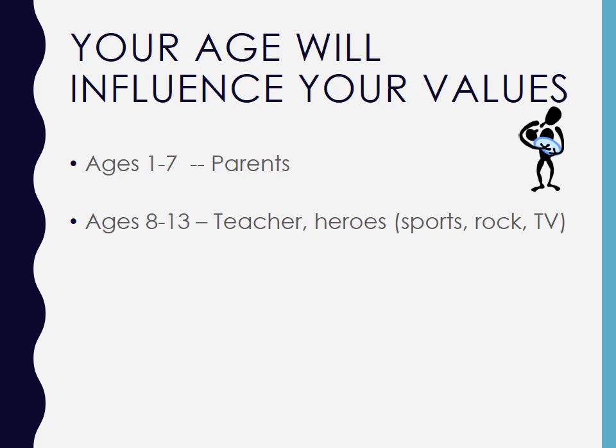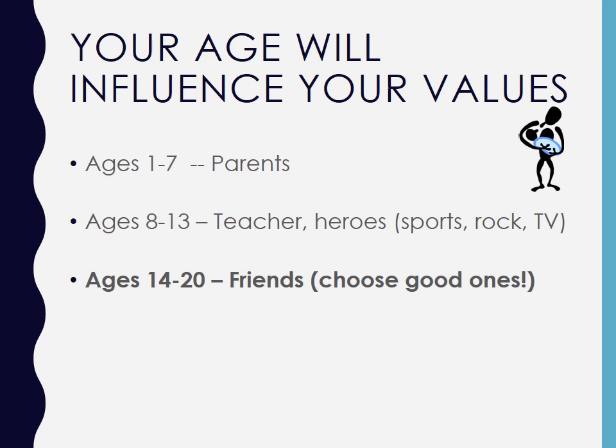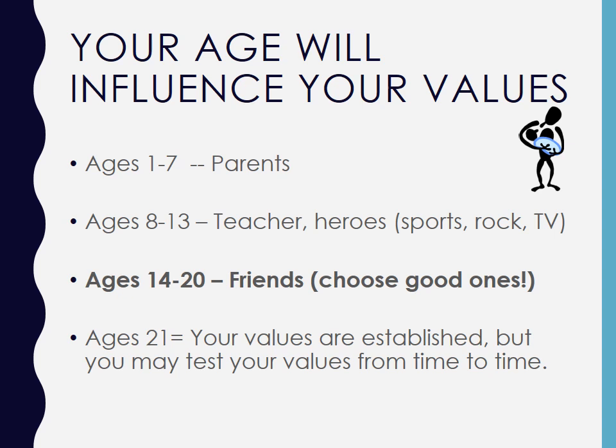So if you're really into sporting events or music, you might value the things that those people value as well. Between the ages of 14 to 20, which is where you are now, you're most likely getting your values from your friends. That's why it's really important to choose good friends. As an adult, your values are already established, but you might test your values and you might change them from time to time.